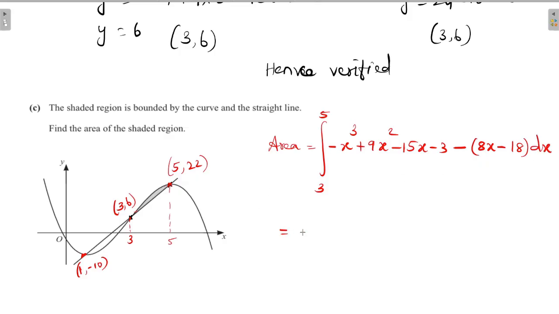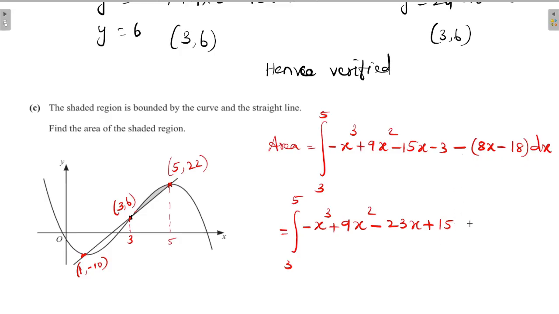Now we can simplify before integrating. The integral from 3 to 5 of −x cubed + 9x squared − 15x − 8x, which is −23x, − 3 − (−18), which is +15.